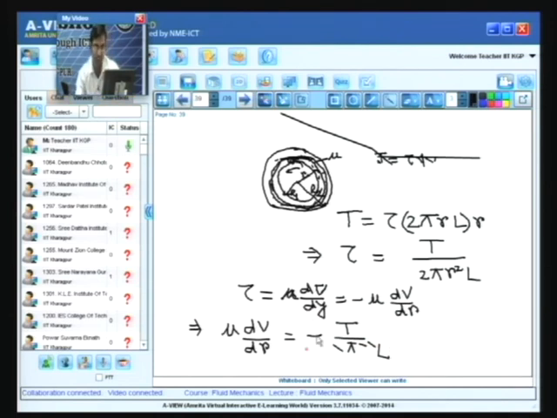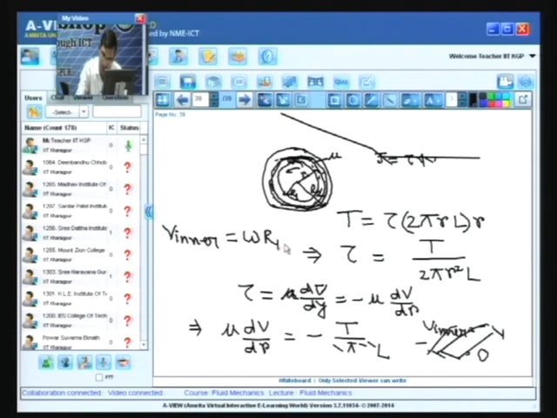Now, if we integrate this from the inner to the outer cylinder, that means from R1 to R2, and the velocity at the inner cylinder V inner is omega R1, whereas V outer, since it is stationary, is 0.